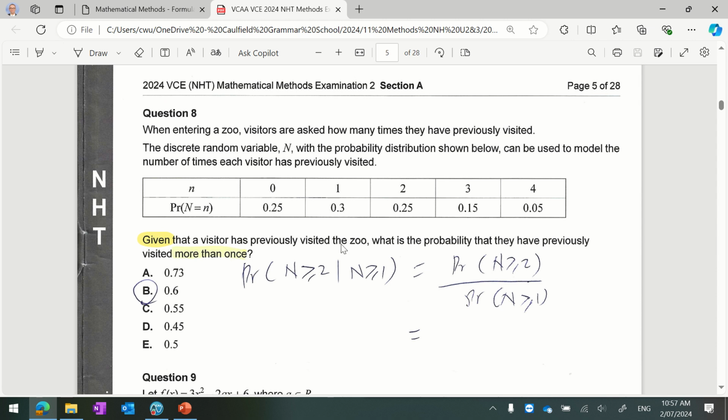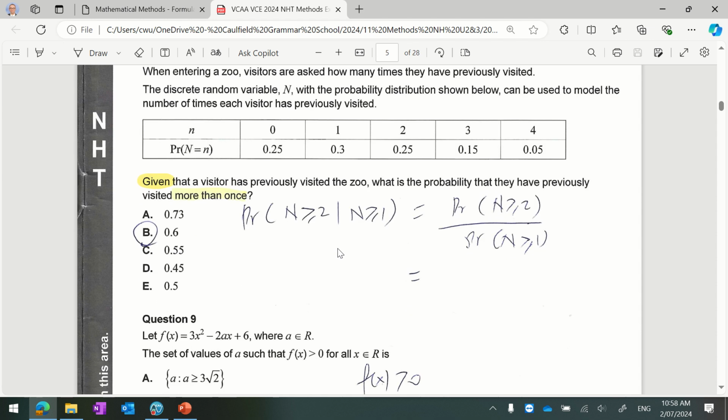Given that a visitor previously visited the zoo, which means they've come here one or more times, what's the probability that they have previously visited more than once? So the condition is that they have previously visited the zoo, so 1 or 2 or 3 or 4 times, and then the probability it's asking for is more than once, so 2 or 3 or 4 times.